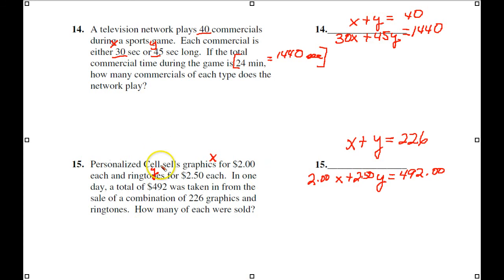For number 15, we have personalized cell graphics. We're going to call the graphics X, and the ringtones Y, and they sold this many of them. So X plus Y equals this. Well, the graphics are $2, the ringtones are $2.50, and they took in this amount.